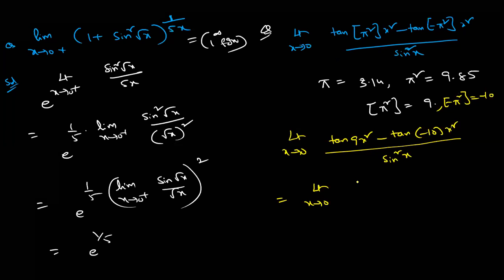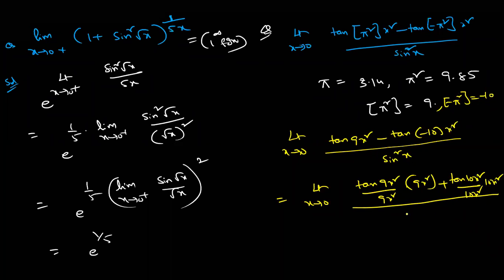Limit x tends to 0, tan 9x square by 9x square into 9x square. What I am doing? Multiply and divide with 9x square. Here tan of minus theta is minus tan theta, minus and minus plus 10x square. Again multiply and divide with 10x square, by sine square x. So what I am doing here, multiply and divide with x square.